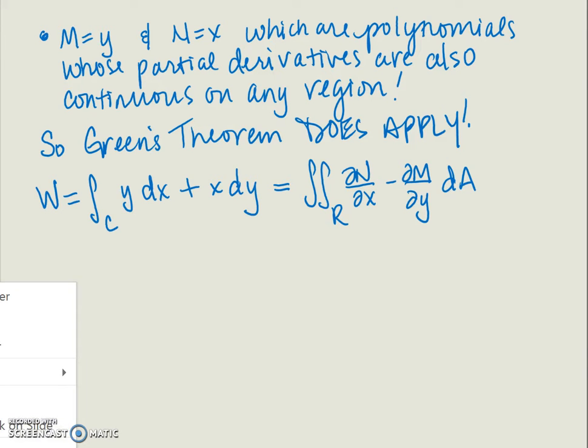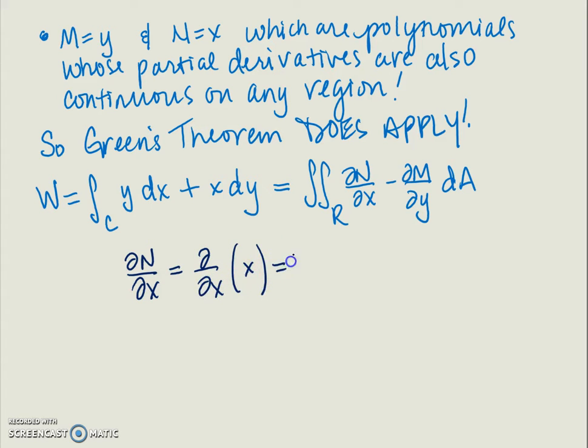So let's take a look at what those partial derivatives actually are. The partial derivative of N with respect to x is equal to the partial with respect to x of x, so that's 1, and the partial of M with respect to y is the partial with respect to y of y, which is also 1.